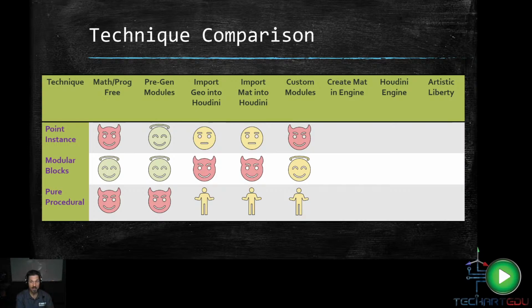Okay, what about creating the materials in engine? Creating a material in UE4 is not the same as creating a material inside of Unity. It's not the same as creating it in Crytek, and it's certainly not like creating a material inside of Houdini. What are you going to do? Well, the point instancing, you don't have to worry about that. Remember, the Houdini engine takes care of all that for you. It's just that, okay, I'm not even going to worry about the material and the geometry.